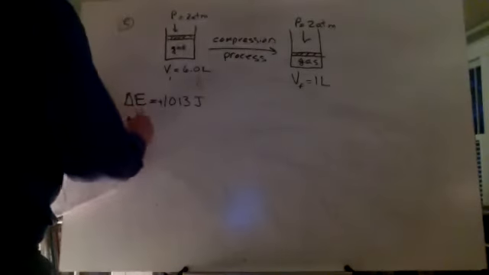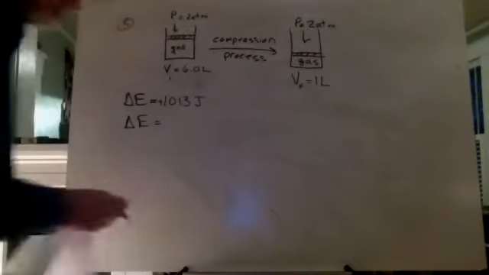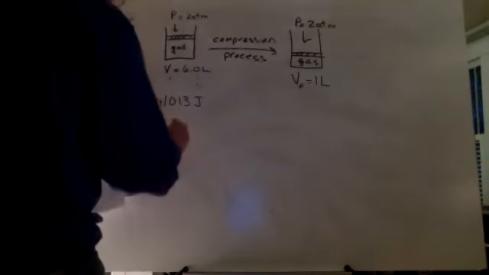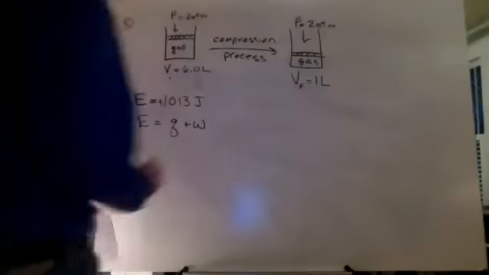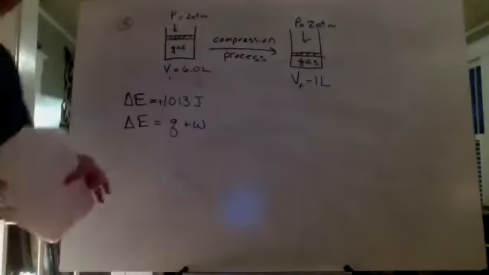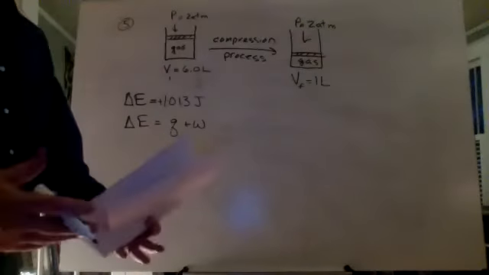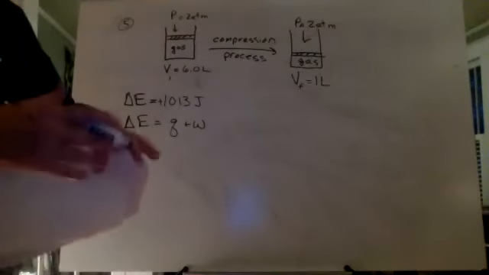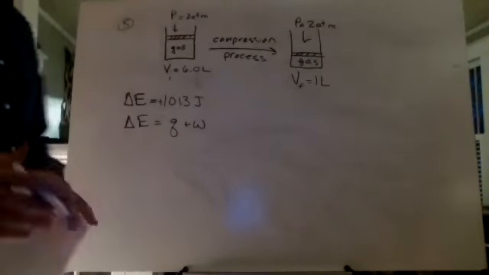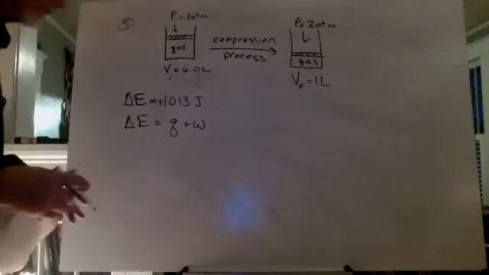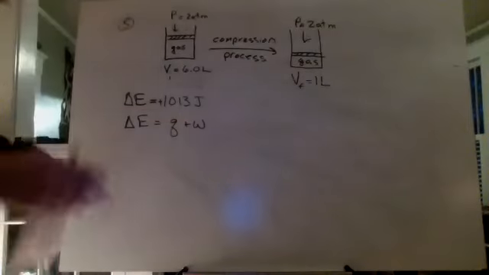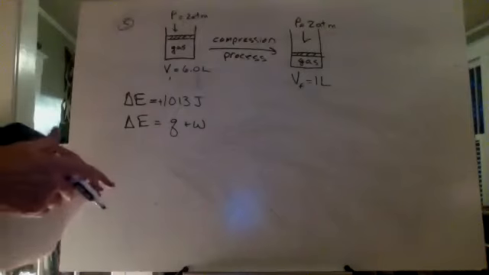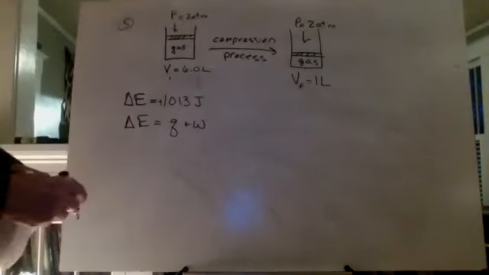And remember that the change in the internal energy for any system undergoing any process will always be equal to Q plus W, where Q is the energy change due to heat flow. And remember, heat flow is the transfer of energy through the random collisions of particles, the molecules that make up a system, and work is the energy exchange through organized, synchronized, coordinated motion.